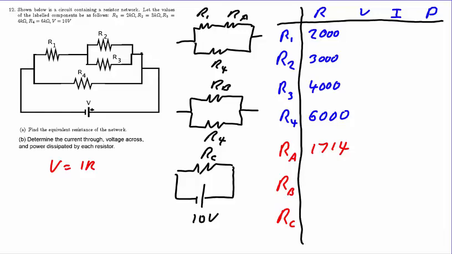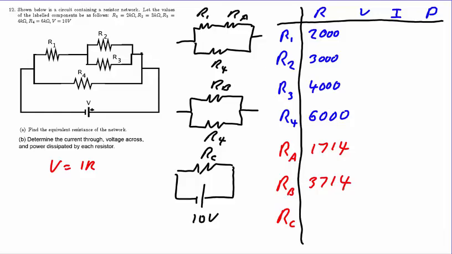Next, we see that RB is made out of a series combination of RA and R1. In series, we add the resistances to get the total, so adding 2 kiloohms to the 1,714, we come up with 3,714 ohms. Finally, RC is the parallel combination of RB and R4.